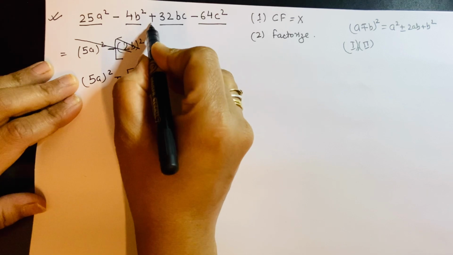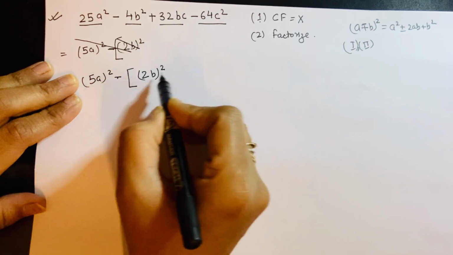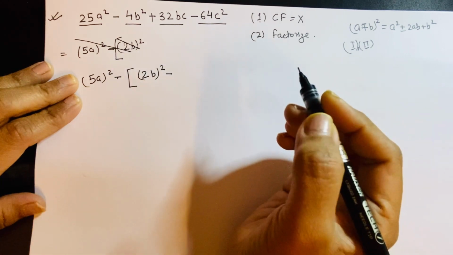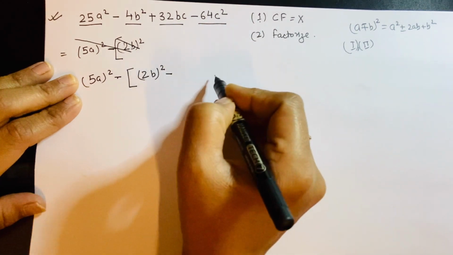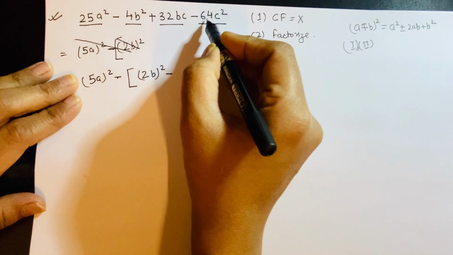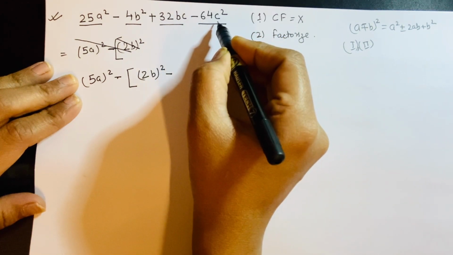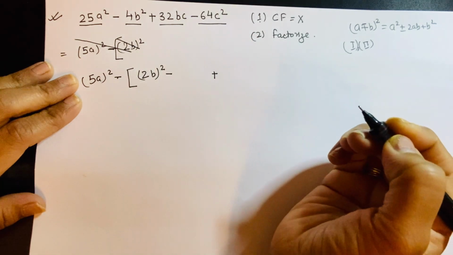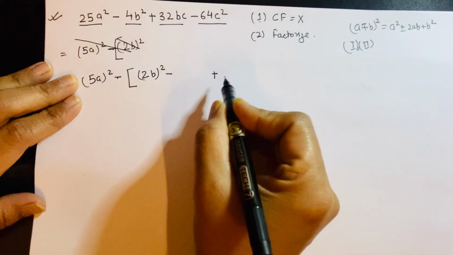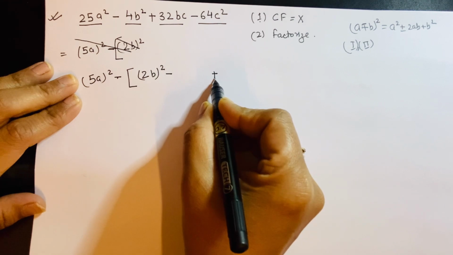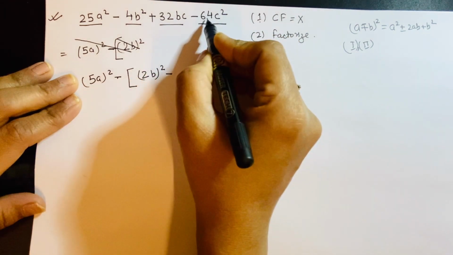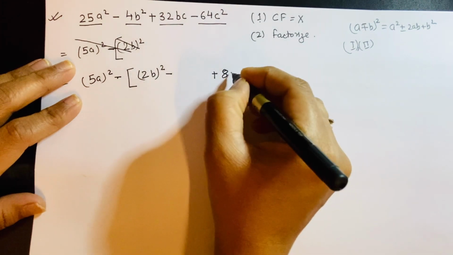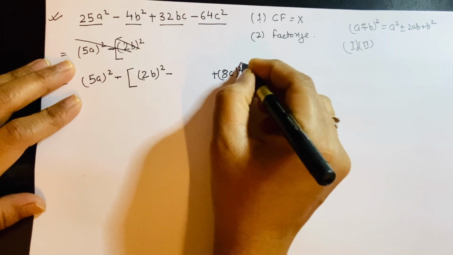Now this is a plus and this is a minus, so in order to justify the bracket we'll put a minus here and then leave the center part and then try to factorize the last part. So this is a minus and this will become a plus because this is outside the bracket. So once we open the bracket, this plus will become minus. What is the factor of 64? That is 8, and then c whole square and close the bracket.